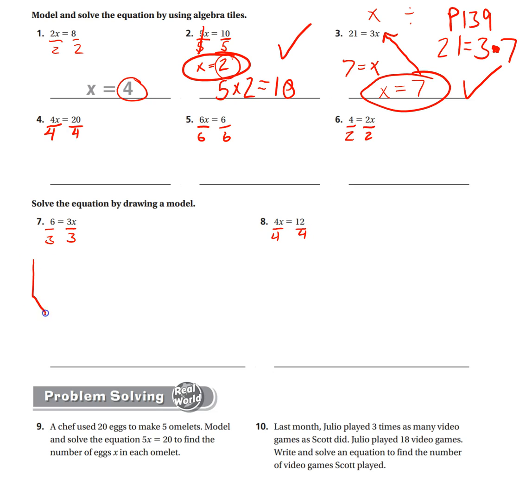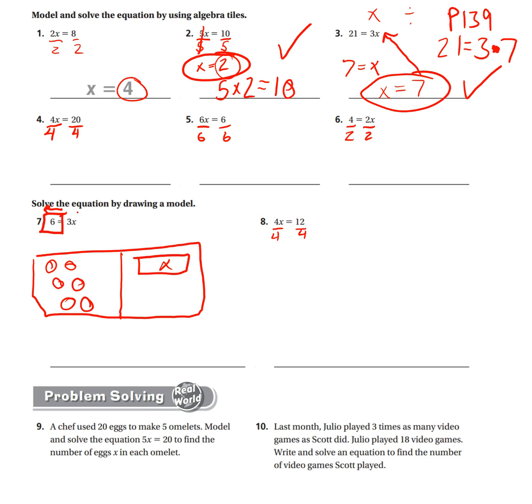Now let me show you the models. Okay, if the equal sign is my line, on the left side I have 6 1 tiles and I have 3 x tiles on the right. So this tells me I need 3 groups, 3 equal groups.